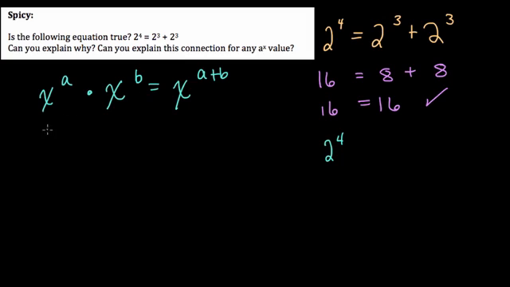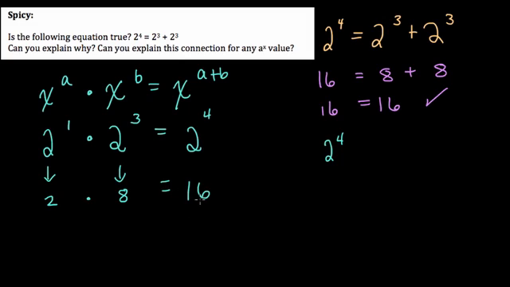So for example, if I take 2 to the first and I multiply that by 2 to the third, what I should get is 2 to the 1 plus 3, or 4. And that works as well because 2 to the first is 2, 2 to the third is 8, multiply 2 and 8, and that's equal to 2 to the fourth, right? 16 is equal to 16.